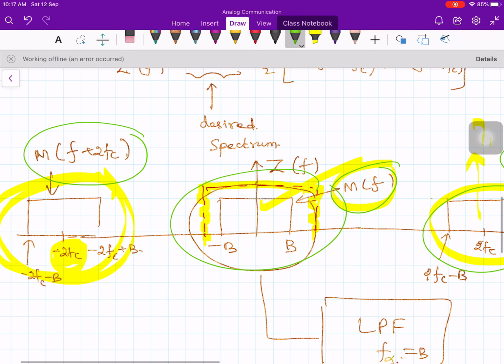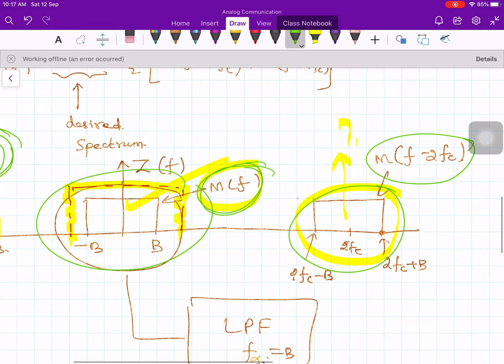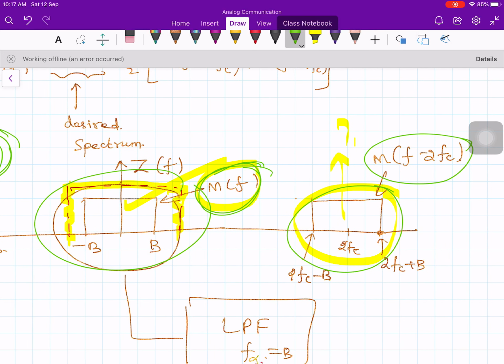So M of f minus 2fc or plus 2fc has much higher frequency band than that of your M of f. Therefore, it would be very easy to separate M of f and M of f plus 2fc. Similarly, it is very easy to separate M of f and M of f minus 2fc.